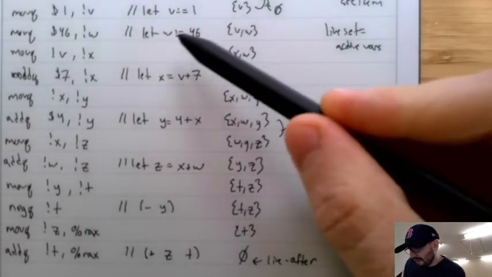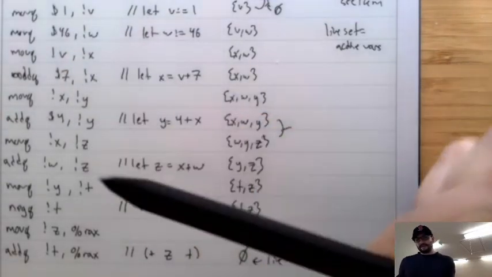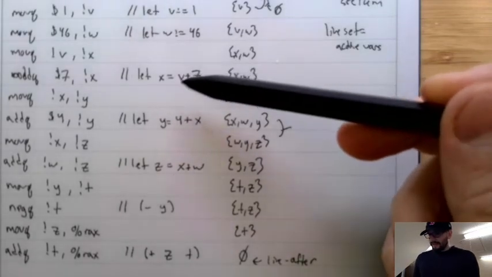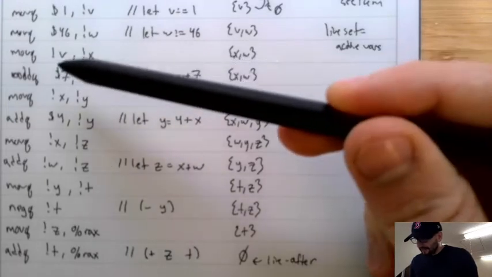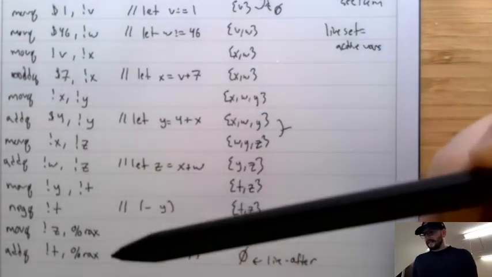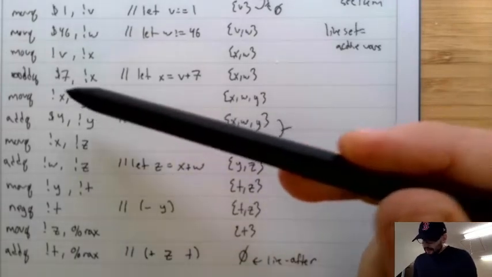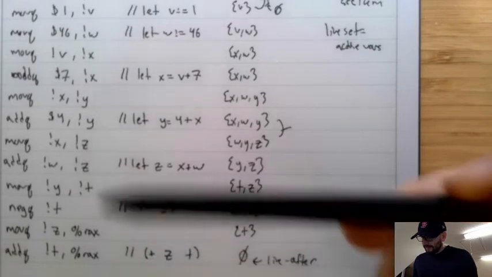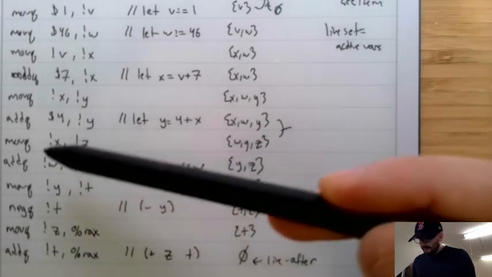The next thing we got is w equals 46, so we say movq 46, w. Then we have let x equals v plus 7, so we move v, the left-hand side, into x. Then we addq 7 and x. Then we got y equals 4 plus x, so we move x into y and then add 4 and y. Then we have let z equals x plus w, so we move x to z and then add w and z.